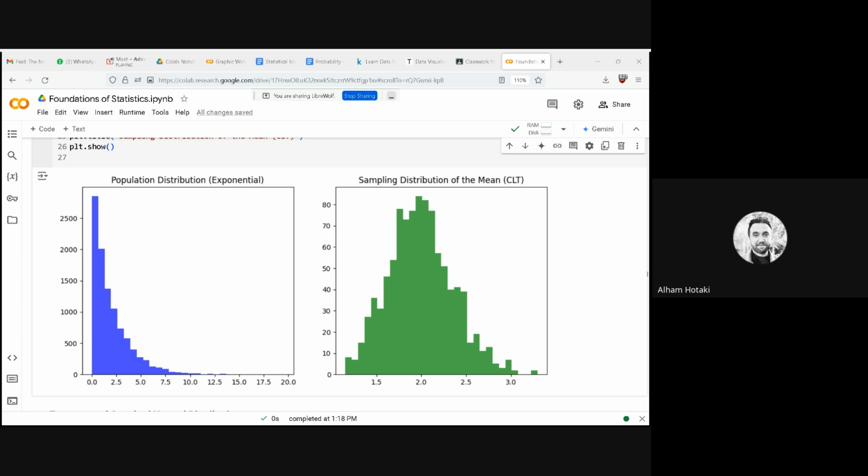We will have different types of distributions. We will not go into that, but we will move on to another important topic within probability.